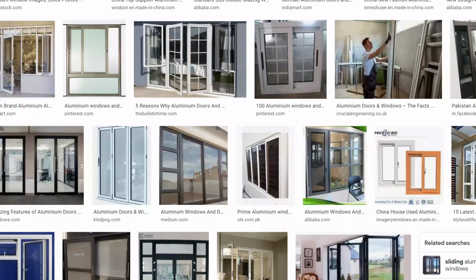For aluminium, you don't need to paint them, because most aluminium windows are not painted, since it's already shiny and not going to rust or corrode. Which is why aluminium is good.